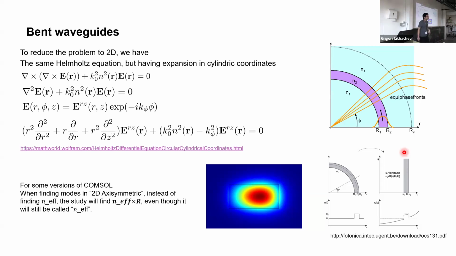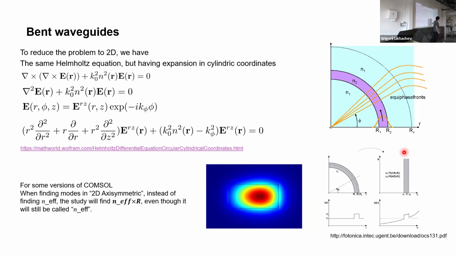And there is also another way to understand this. It's a bit more advanced, but you can refer to the document I linked here by Jugend. Basically, you can consider that if you have a bent geometry, you can do a conformal mapping that maps the geometry in the cylindrical coordinates into rectangular coordinates.